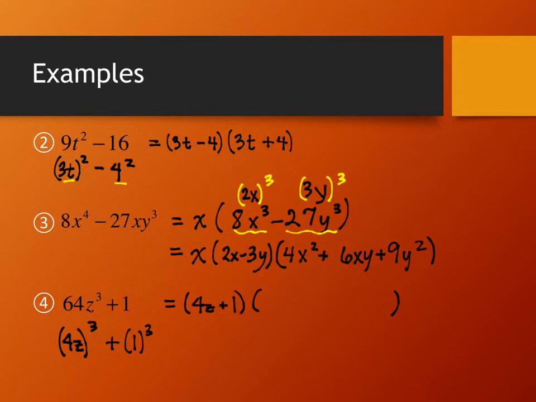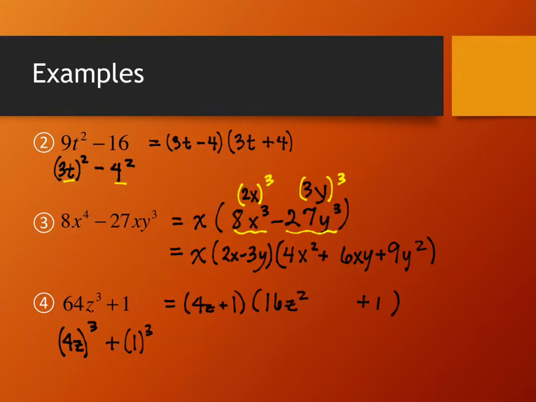So the first one, I need my 4z, and I need to square it. So what is 4z squared? Yep, it's 16z squared, right? Because I square each part. Square the 4, square the z. At the end, I need to square my 1, which is the super exciting number of 1, right? It is, yeah.